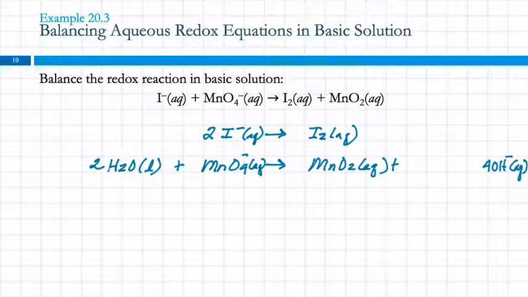Then we need to balance this with respect to charge by throwing some electrons around. The one up here, I've got 2 negative charges on the left and 0 on the right. So I'll want to put my 2 electrons on the right. In the bottom one, I've got 4 negative charges. I'm going to move him over because he seems a little lonely out there.